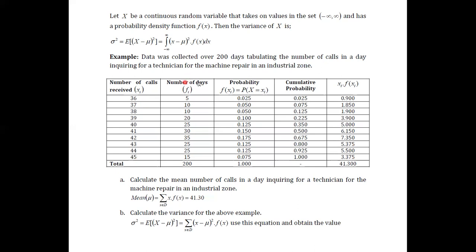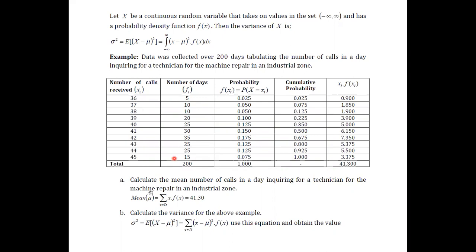The number of days they got such numbers of calls is: they got 36 calls in a day on 5 such days, and some days they got 37 calls per day, on 10 such days. Likewise, you can understand the given data set.